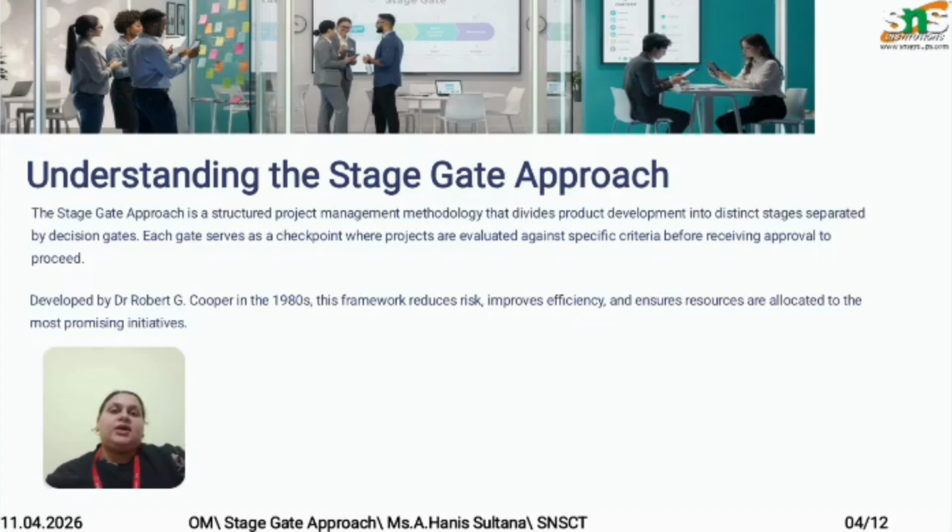This was developed through further research by Robert G. Cooper in the late 1980s. This framework reduces risk and time, improves efficiency, and also ensures that resources are properly utilized in the production or manufacturing concern.